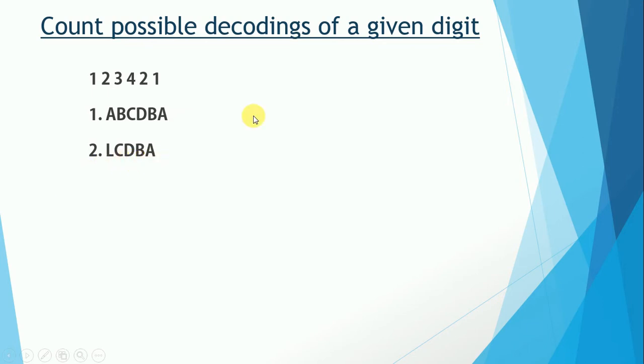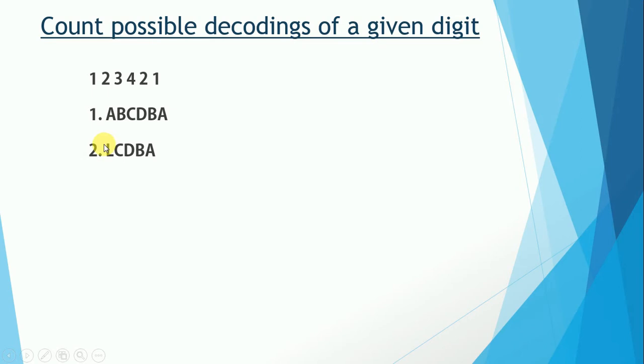The thing which brings a flavor to this problem, or makes it trickier, is that we can't limit ourselves to just a one-to-one decoding. We know that one number can be decoded to its corresponding alphabet. But if I take this 1 and 2 together, then I get the 12th alphabet, L. So this A and B from the pattern will be replaced by L, and this becomes the second decoding.